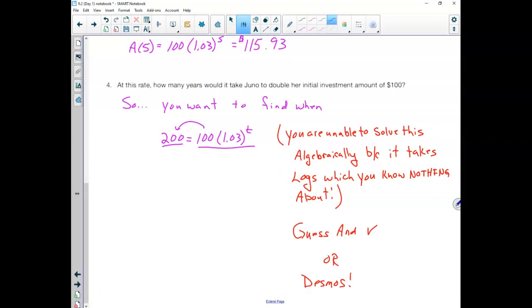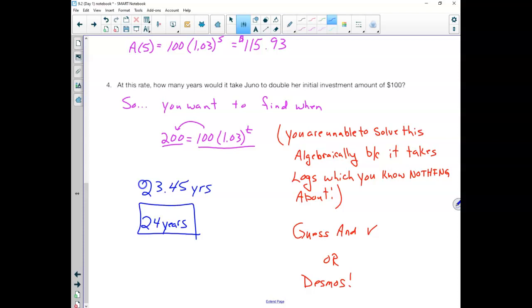So how long is it going to take her to double her investment if it's taking 23.45 years to double? Remember, you're only getting paid interest once a year, so it's going to take 24 years. Okay?